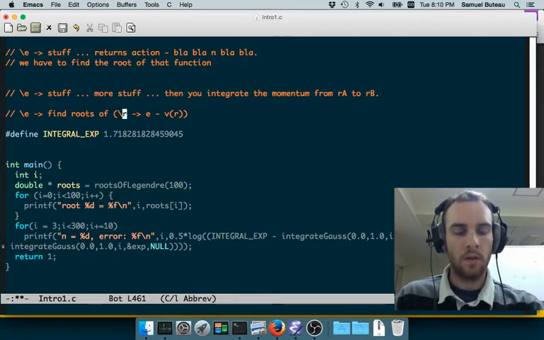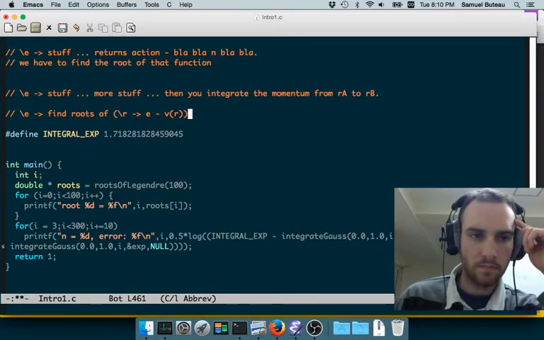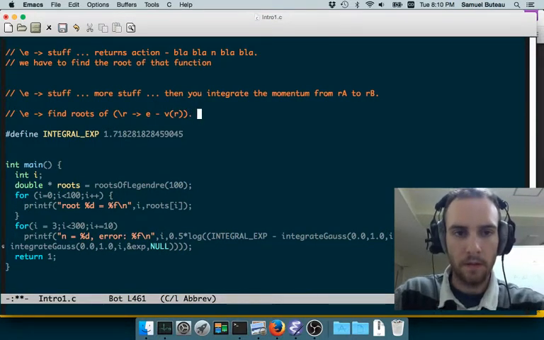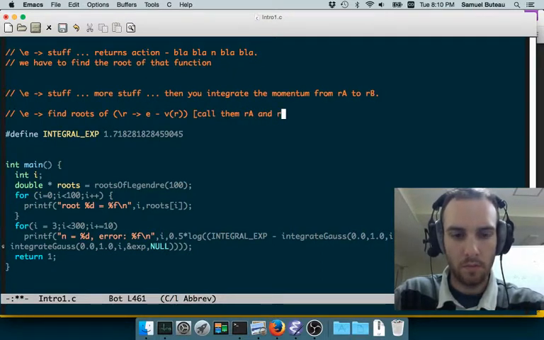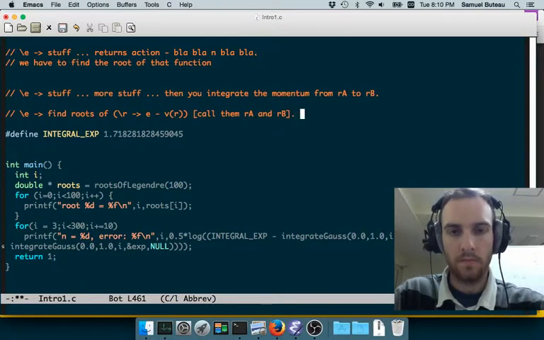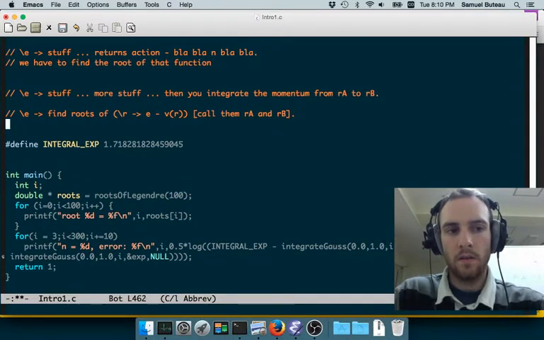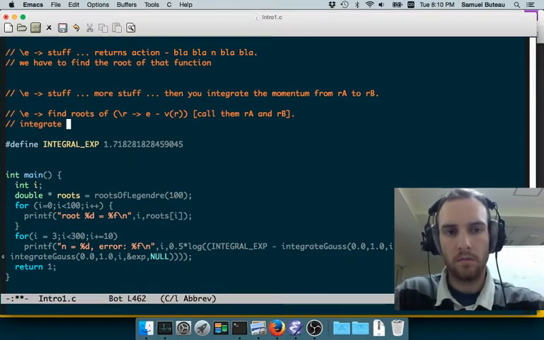Find roots of this function, then call them RA and RB. Then integrate the momentum from RA to RB.